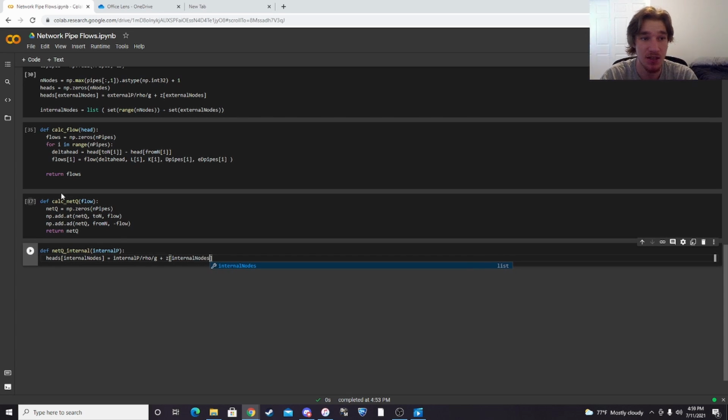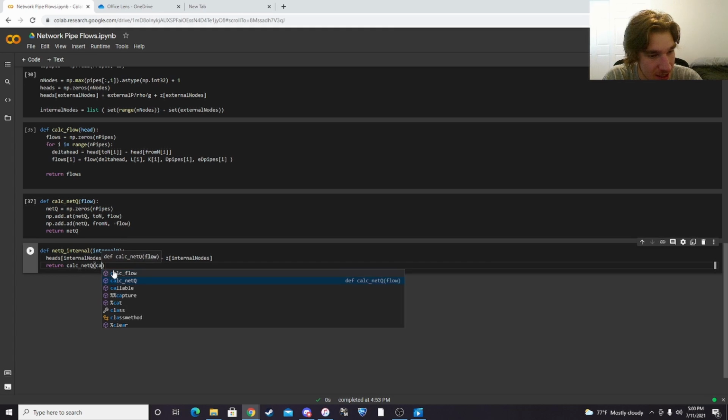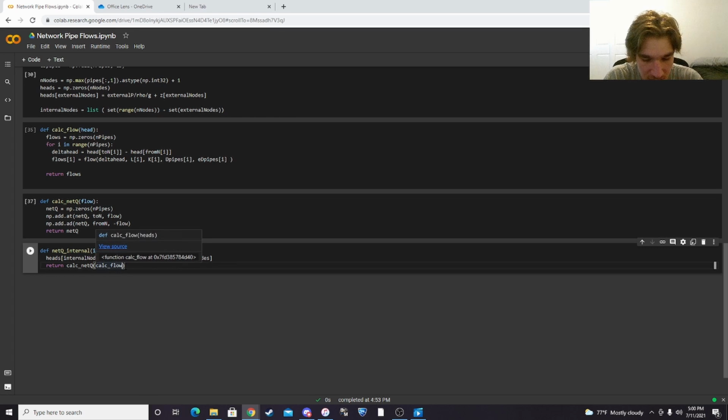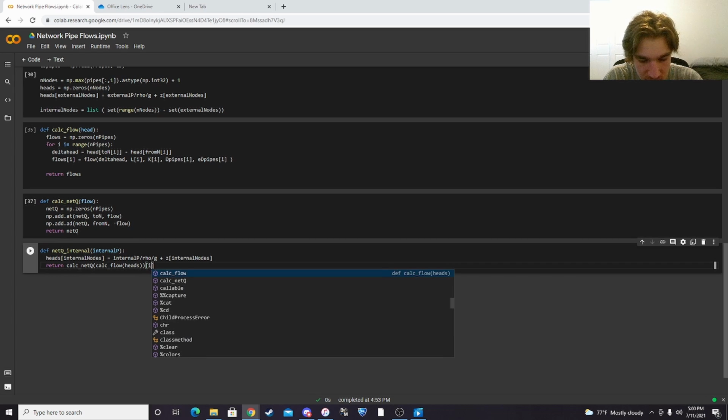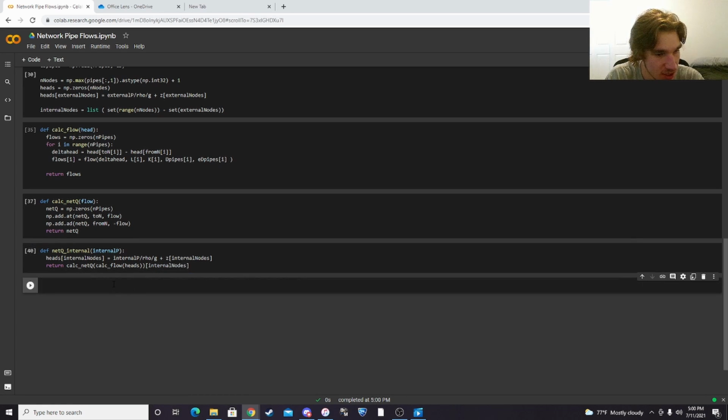Because that's what heads is equal to, as we remember on our sheet of paper that we laid out. And what this is going to return is calc netq right here, given the calc flow of heads. And this is going to be of the internal nodes. Let's see if that function runs, and it does.